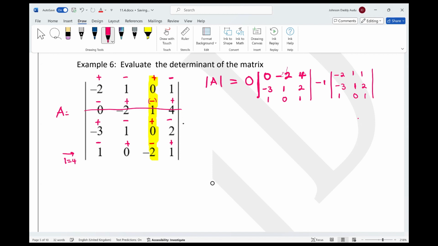Then plus 0. This 0 now, so I need to close this one. So this will still be -2, 1, 1. Now this one will come in, so this is 0, -2, 4.